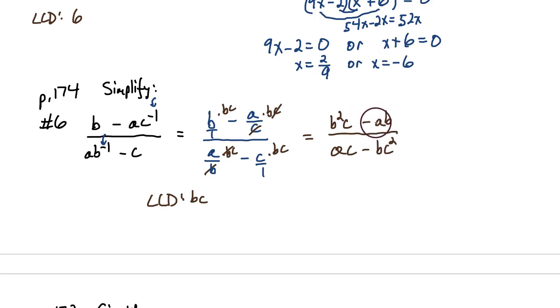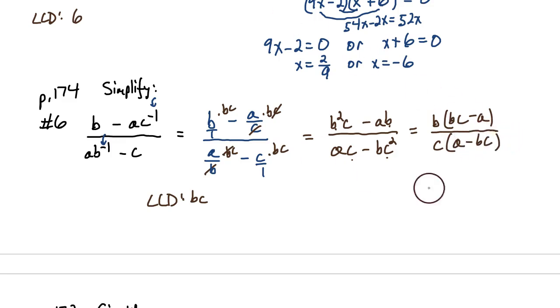Let's factor this to see if anything will reduce. In the top, it looks like the letter B is in both places, so we can write this as B times BC minus A. In the bottom, it looks like there's a C in both places, we can factor it as C times A minus BC.